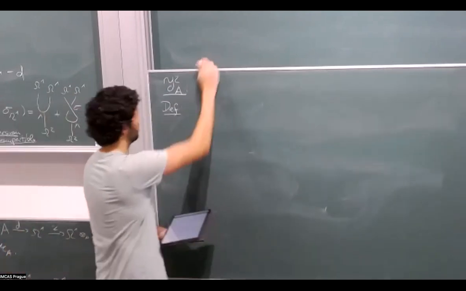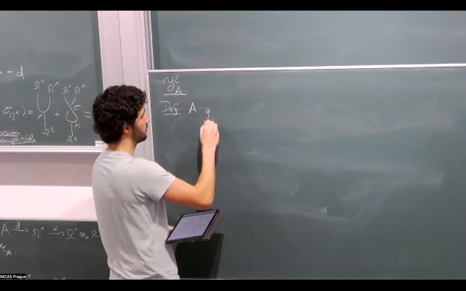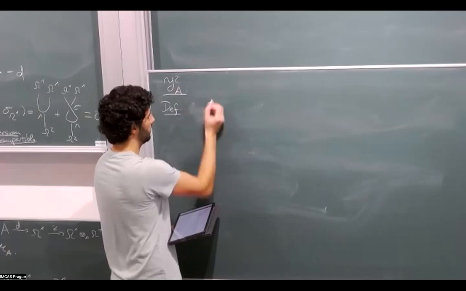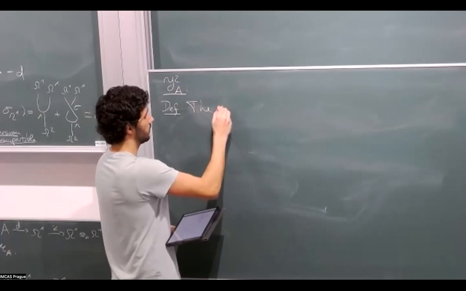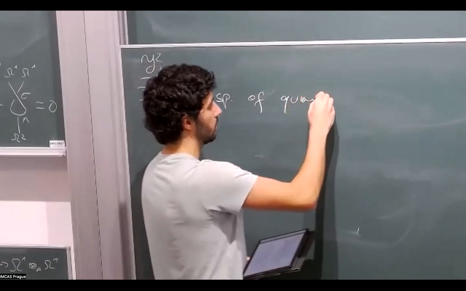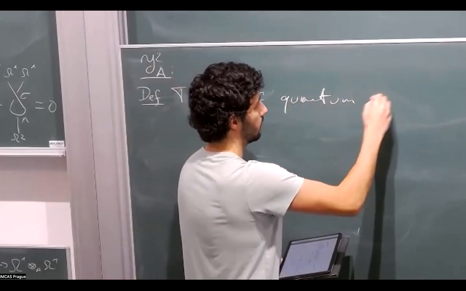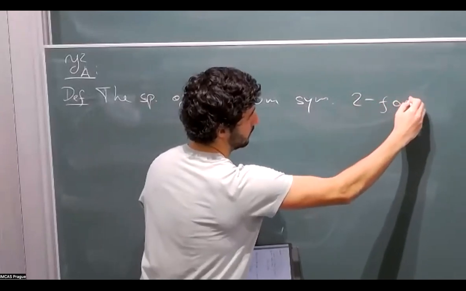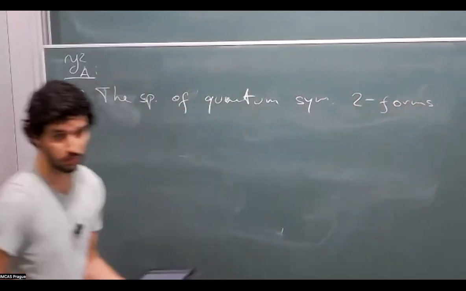And for us, we defined the space of quantum symmetric 0-2 forms. We call them two forms, but they're technically 0-2 tensors.